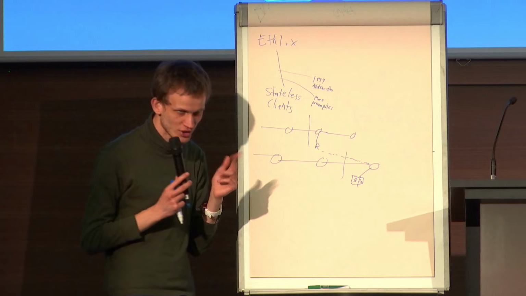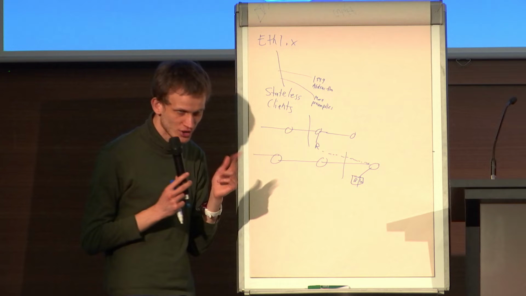Now, another thing is that as part of the stateless client roadmap, there's also reforms that we might want to do. Examples of reforms that we might want to do: one big one is hexary to binary tree. Another one is going from a two-level state to a one-level state, so we merge, basically make contract storage just be part of the top-level tree.